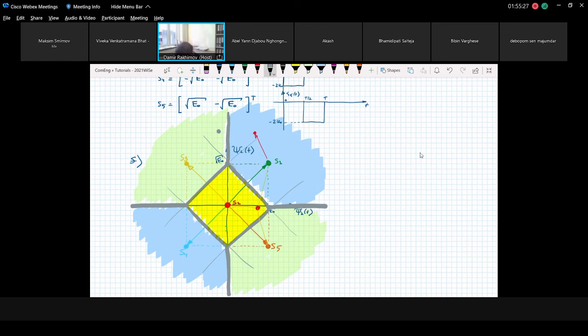Because if you consider, for example, a point in this region, and you try to think to which signal this point will be closer in our constellation, you can just measure the distance to different points, and then put this whole region to the part that is closer to our point.